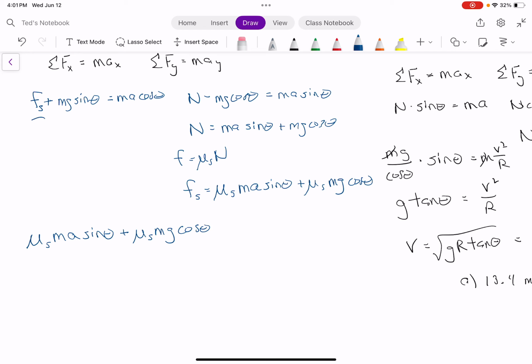That's my friction force, plus mg sine theta equals ma cosine theta.